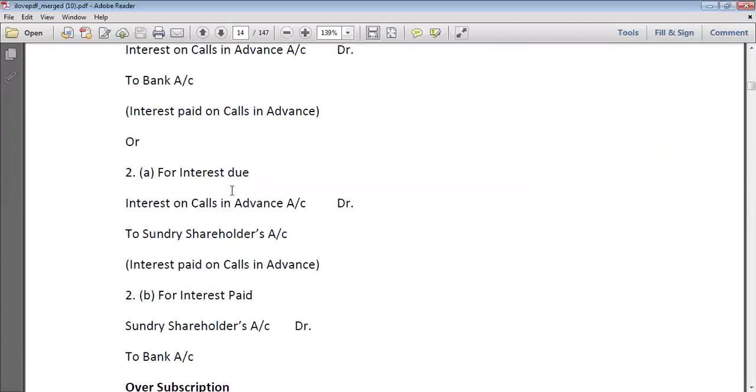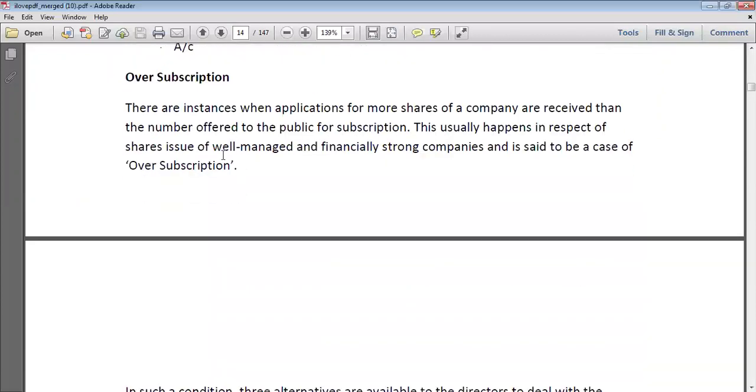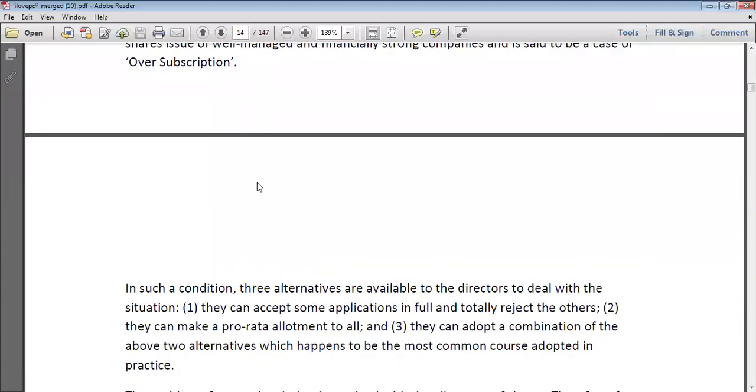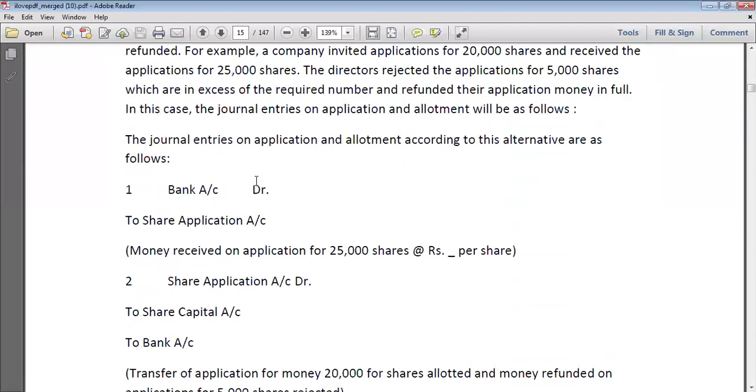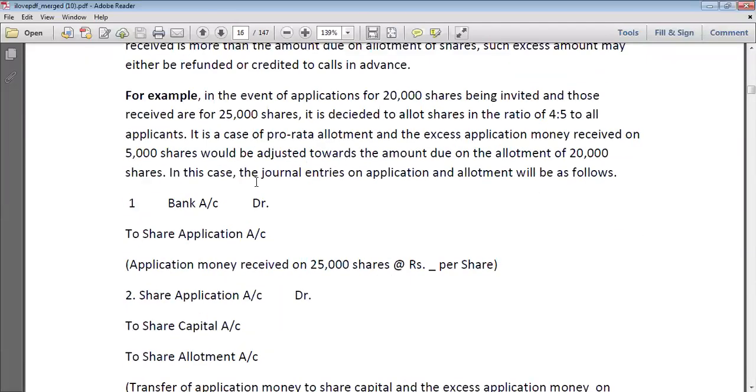Okay. So this is all about calls in advance and calls in arrears. We have already talked about oversubscription. Now let's see an example. In the event of applications for 20,000 shares being invited, those received are 25,000 shares. It is decided to allot shares in the ratio of 4 is to 5 for application.